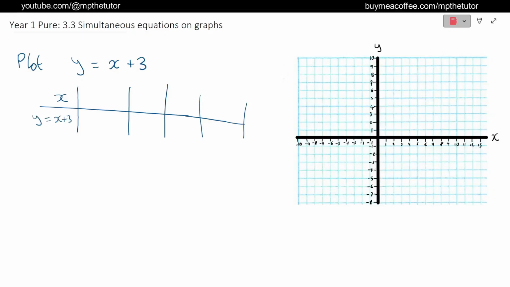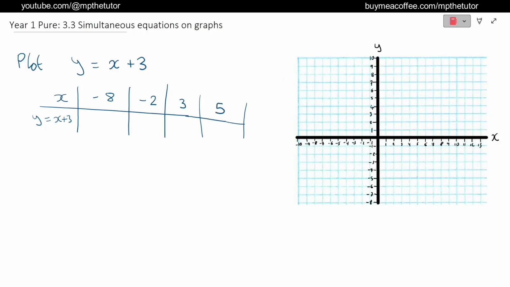You're going to choose some values between, say, minus 10 and 13 for x. So we could have minus 8, minus 2, 3 and maybe 5.